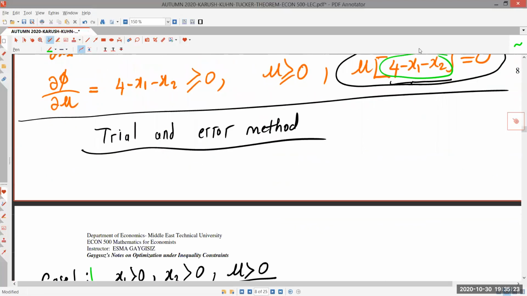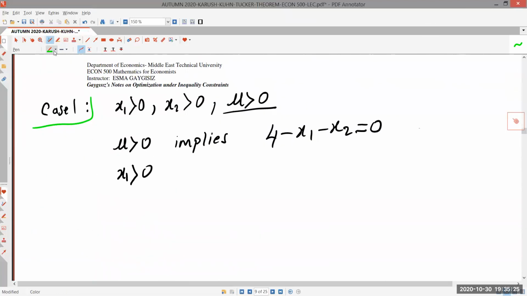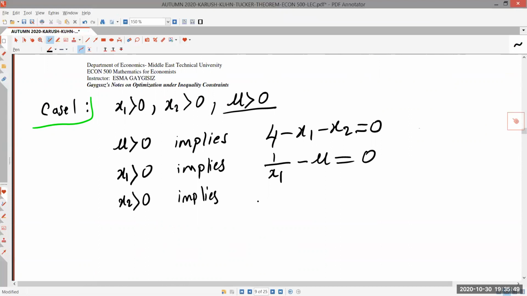So I just take these and write here. This implies if x1 is greater than 0, then 1 divided by x1 minus mu, this is the first order derivative of the phi function with respect to variable x1, equals 0, and x2 greater than 0 implies here that 1 divided by 5 plus x2 minus mu is equal to 0.